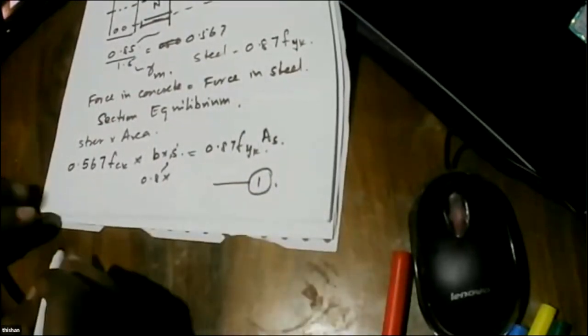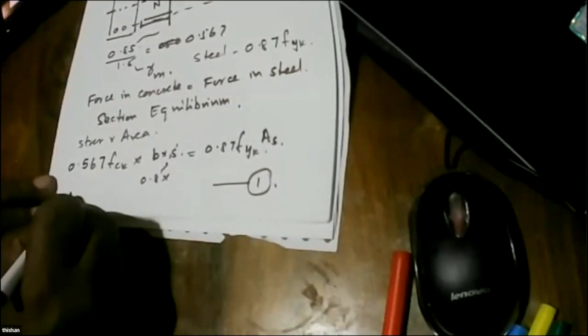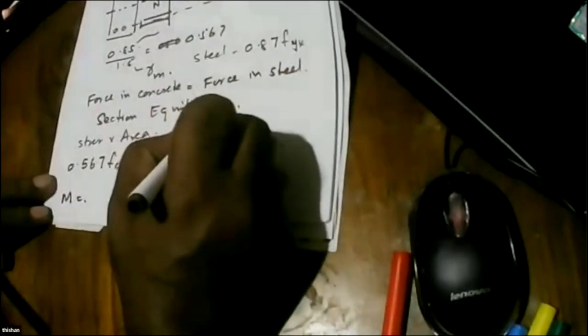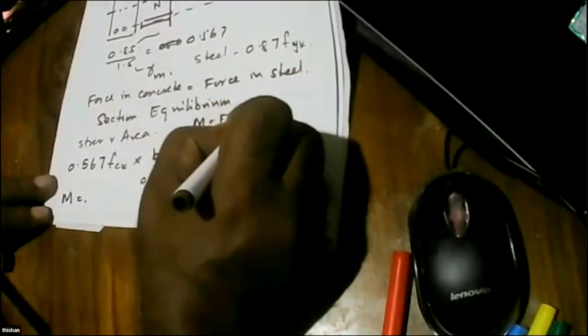Then what is the other equation? M, moment, is equal to force multiplied by lever arm. The center of this force is here.